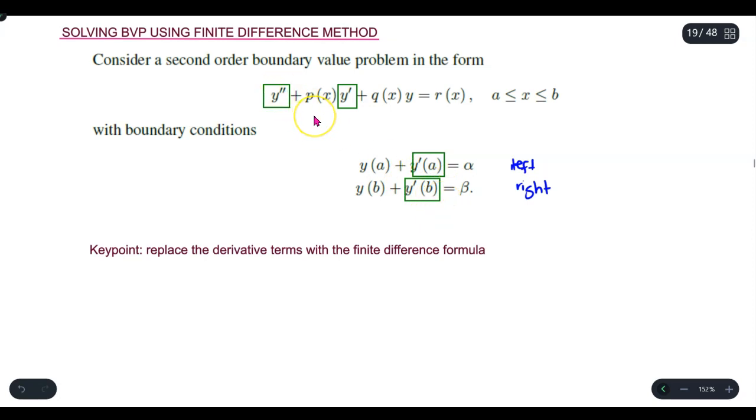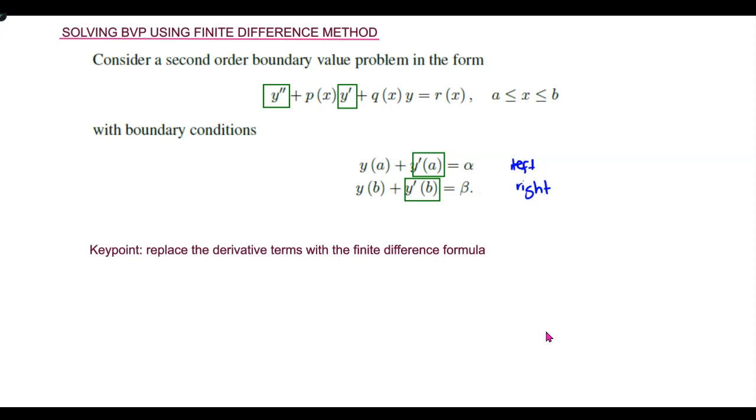So we need to replace the four terms that you can see in the box over there with the finite difference formula. What are the finite difference formula? Before this, I believe you have learned about numerical differentiation, where you have a few types of finite difference formula.